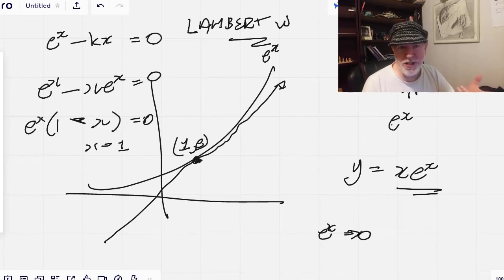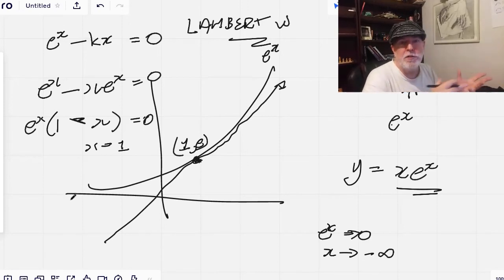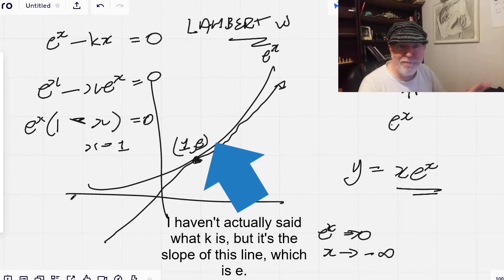But it approaches 0 as x approaches negative infinity, right? So way down here, the x-axis is kind of like a tangent too, but it's not really a tangent because it never touches. So really it's the kind of tangent that never touches, which is an asymptote. So there's my solution somewhere on the screen if you can find it.